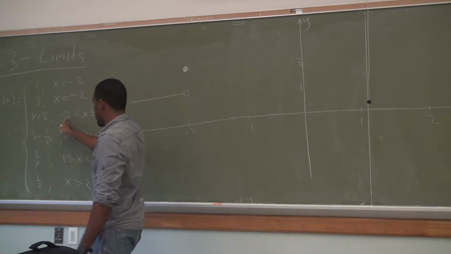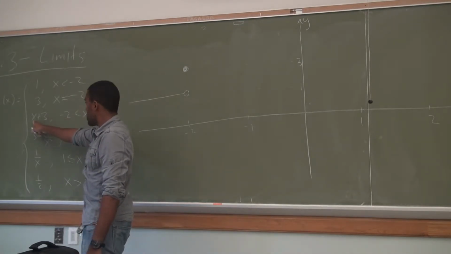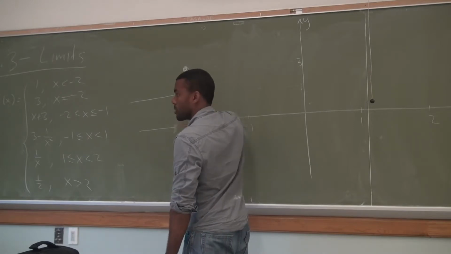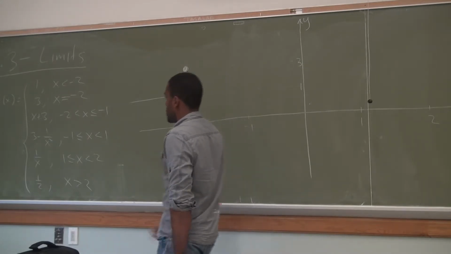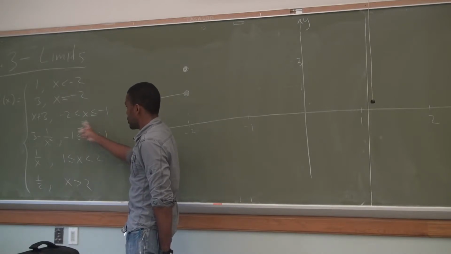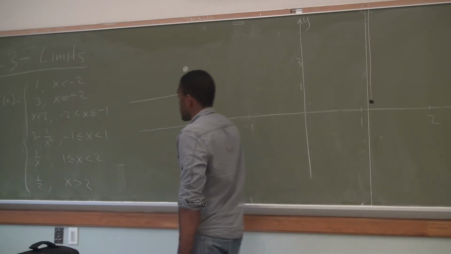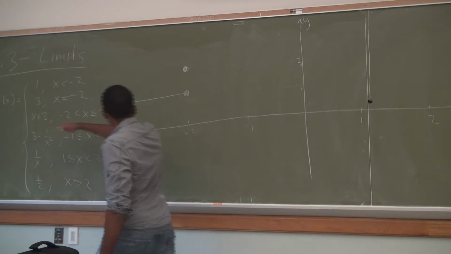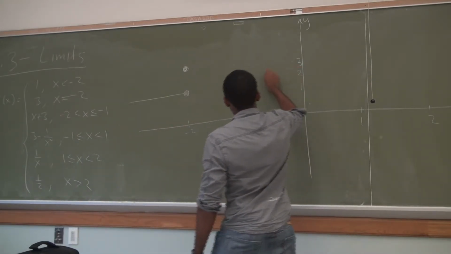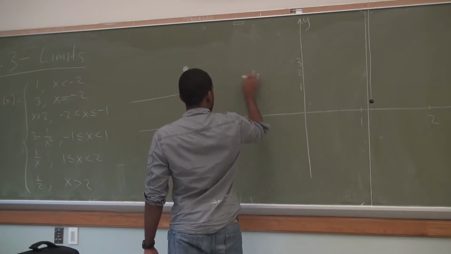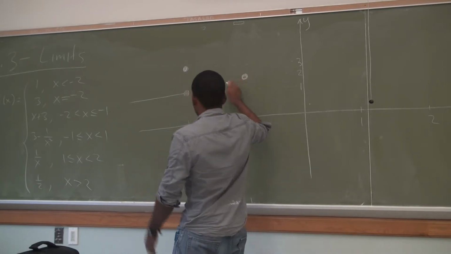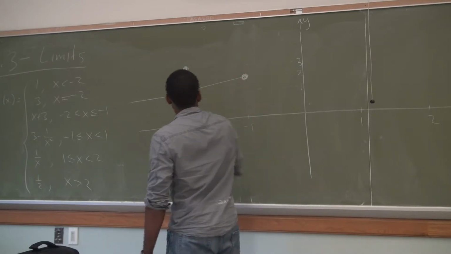You can plug in -2: -2 plus 3 gives you 1, so it actually overlaps with this one. Where is it on this endpoint? Plug in -1 into this, and you get 2. And you know it's a straight line, so you just connect the 2 points.